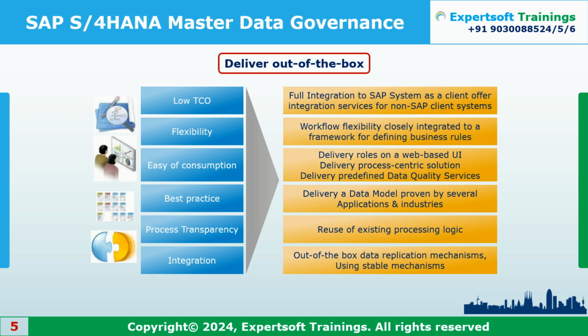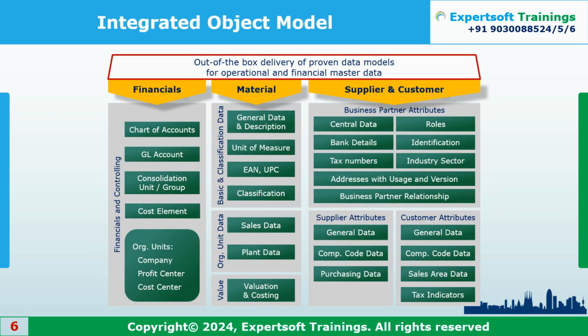And the standard data model that SAP has given us, as I said, is finance. In finance, we have chart of accounts, GL account, cost element, cost center, profit center, cost center hierarchy, and profit center hierarchy. For material, we have a standard object, so whatever activity you do in MM01, MM02, MM03 will be available in the material.